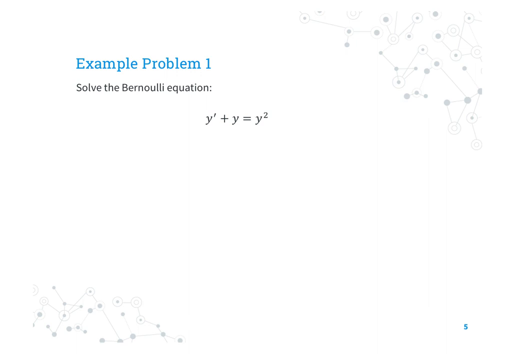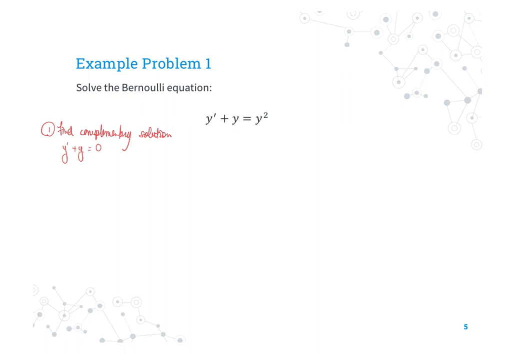So our first step is to find the complementary solution, meaning we're going to take our ODE and strip off the y squared and just set it as y prime plus y equals 0.